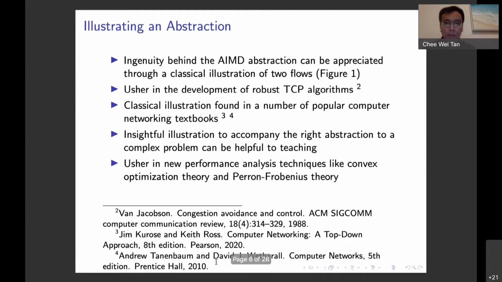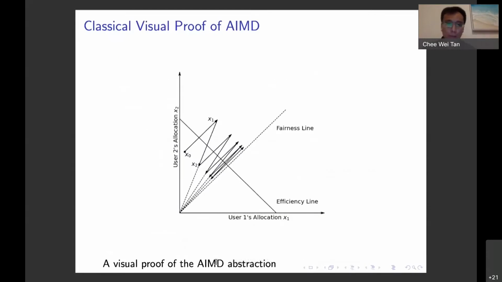Now, if I look at this picture, which is taken right from Dah-Ming's paper, I can consider this a visual proof. For example, additive increase corresponds to 45-degree plots on this 2D plot, right? And upon reaching this line over here, the efficiency line, you're going to experience congestion, packets get dropped, and therefore both parties would receive that binary feedback, and therefore they would draw back.